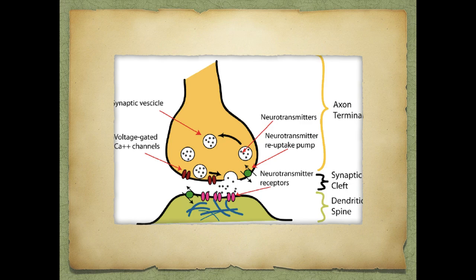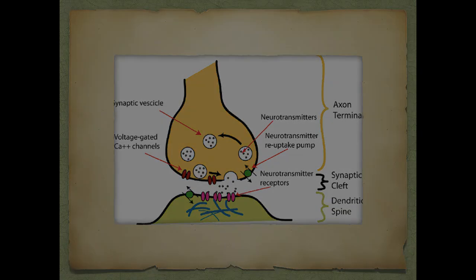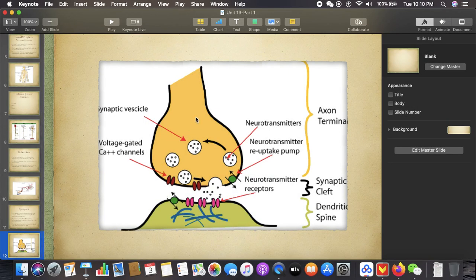Now here's basically a synapse. I'm going to full screen here. So the synapse works like this. Let's say an impulse is sent along here, and it moves to here. So when this neuron picks up information, it causes these vesicles to move towards the end, around here.